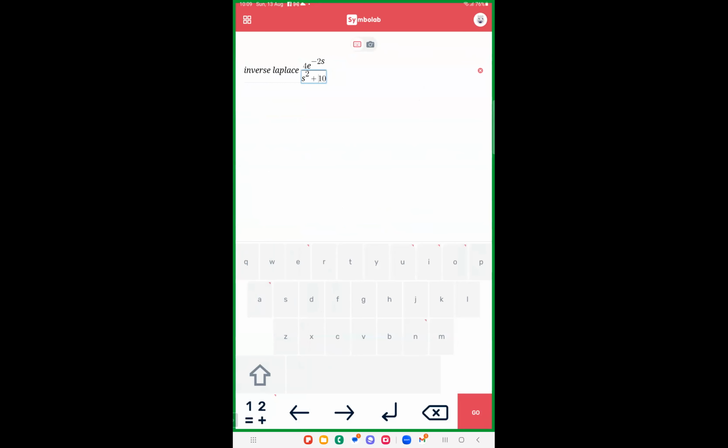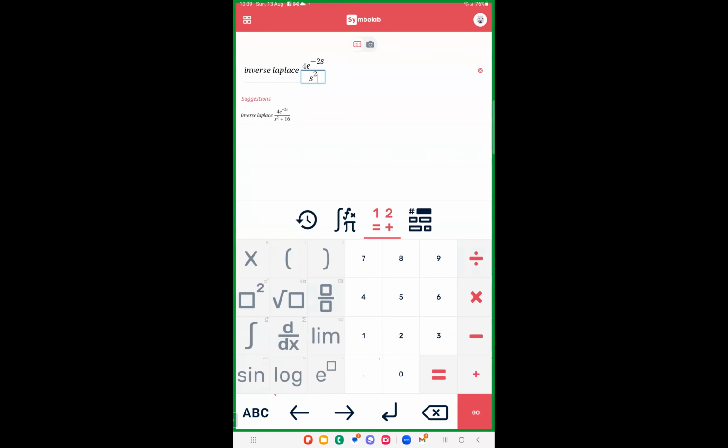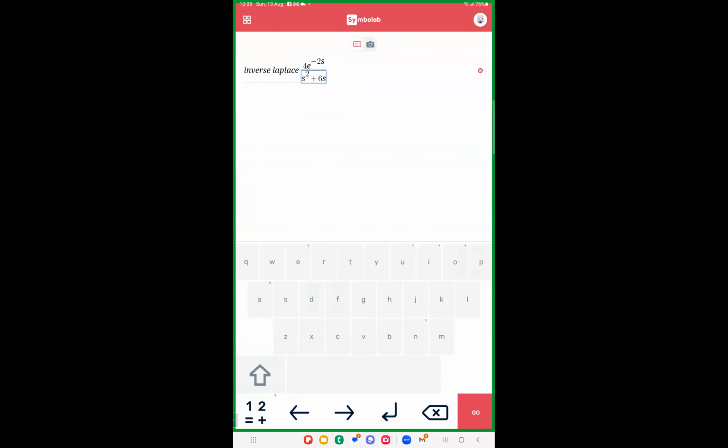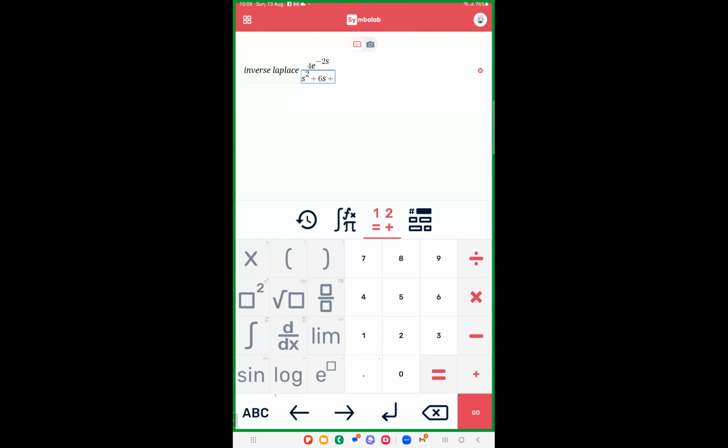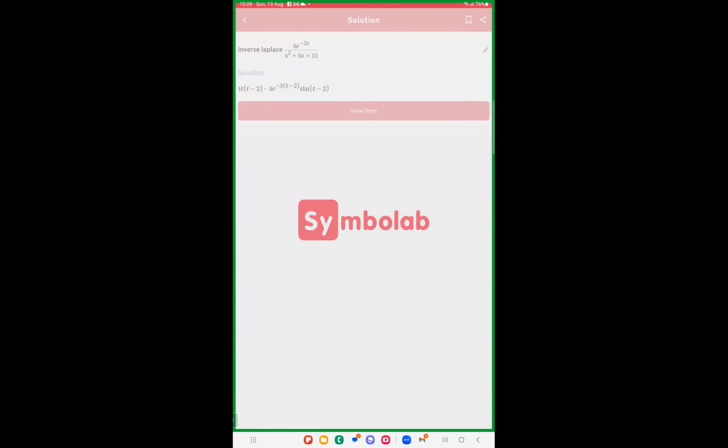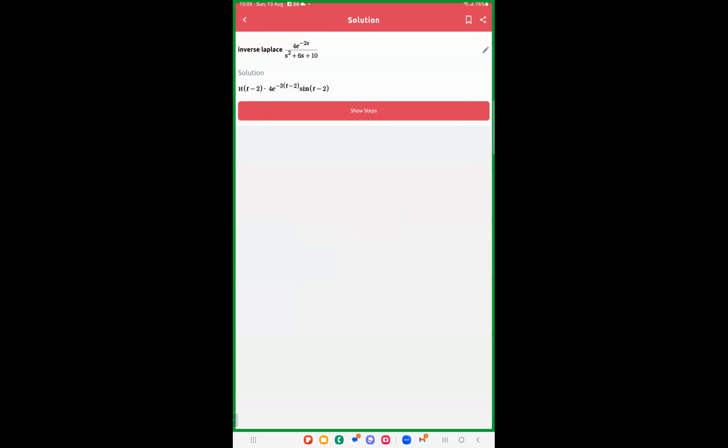You can always check your results here. You have s squared plus 6s plus 10 in the denominator, which is exactly the thing we got.